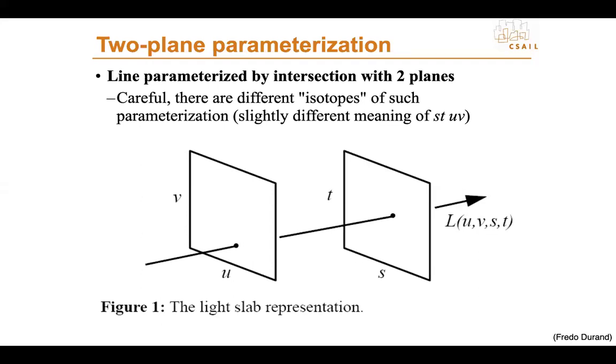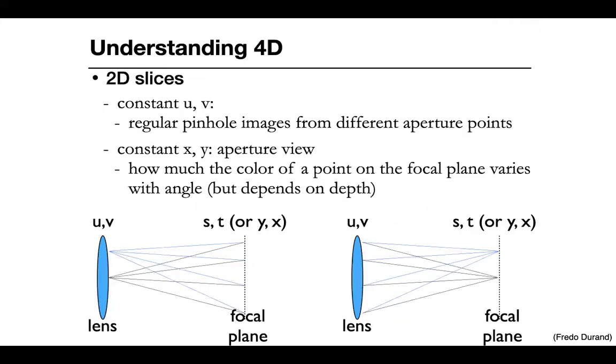So basically we have this, U and V correspond to points in the sensor, and S and T to directions, or vice versa, right? And as I mentioned before, this is a 4D representation, and basically describes all the rays that we are collecting, right? And how do we understand this?